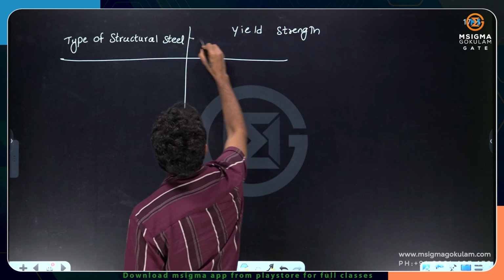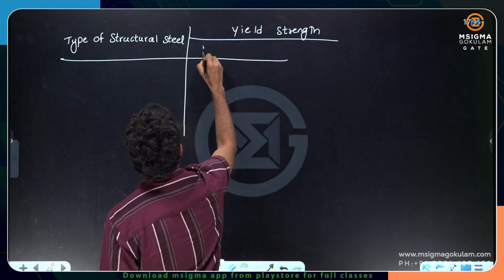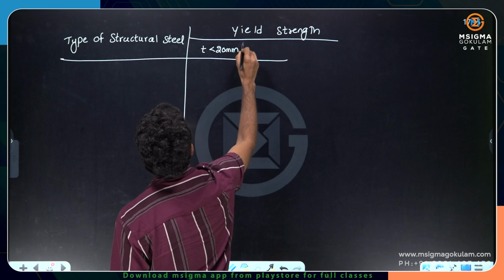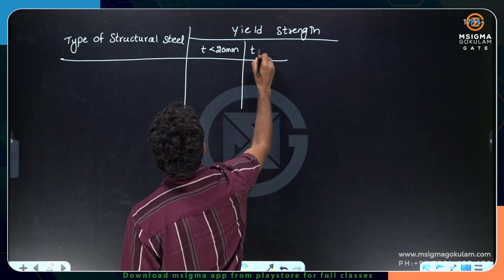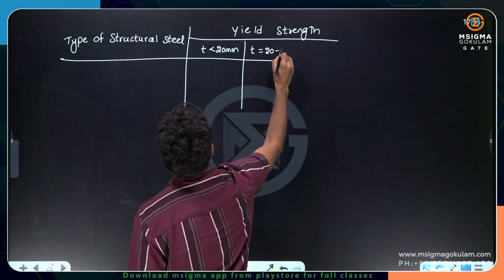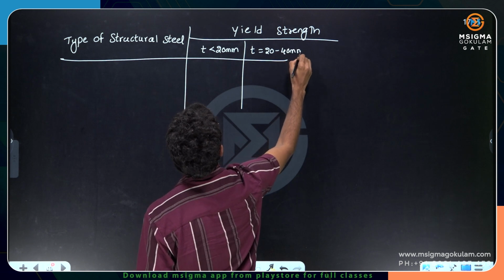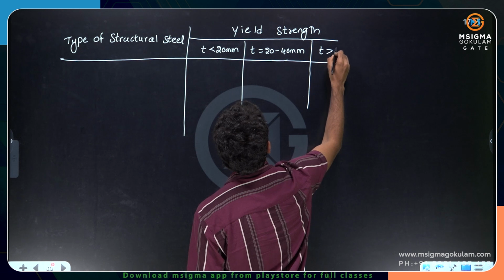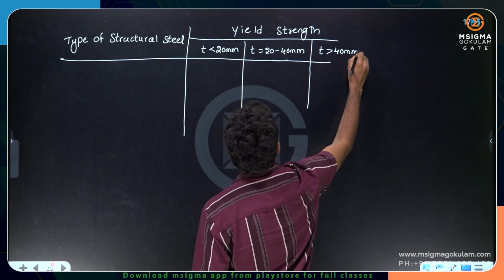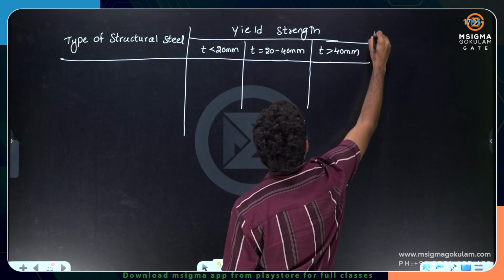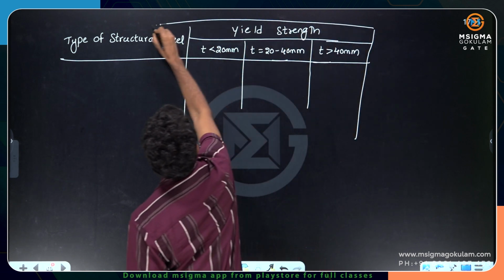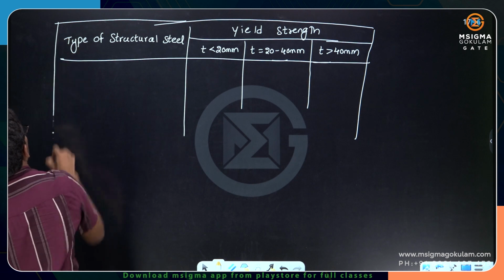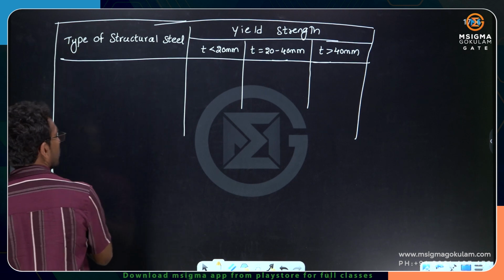And what is the thickness corresponding to that? So, thickness less than 20 mm, thickness equal to 20 to 40 mm, and thickness more than 40 mm. These are the three varieties we are having.